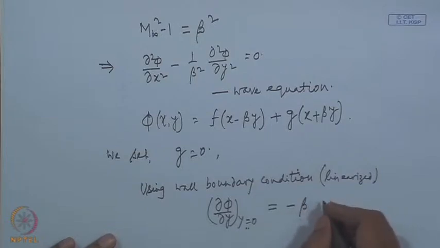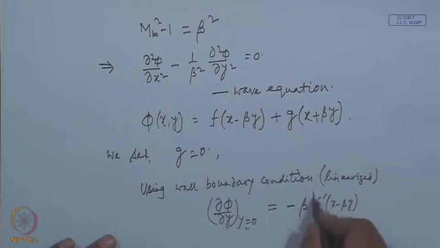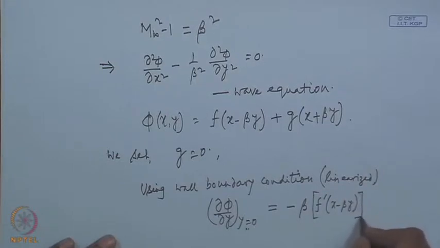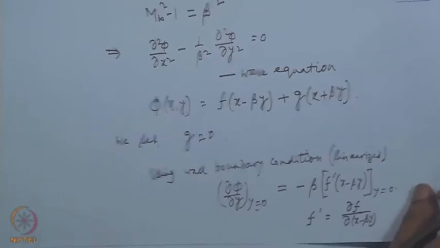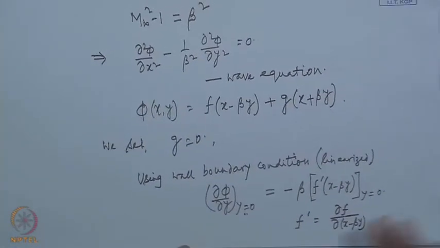minus beta f prime x minus beta y at y equal to 0. Remember that f prime is f differentiated with respect to its argument.